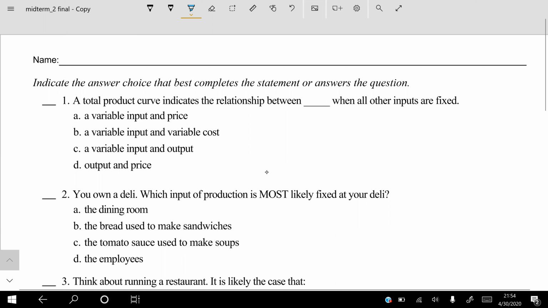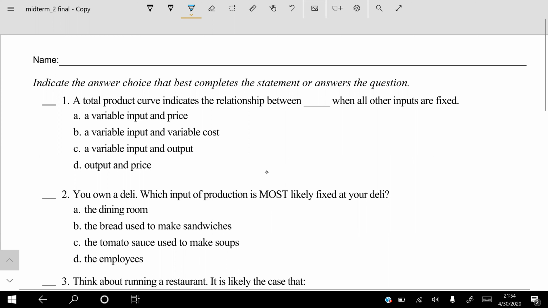The total production curve indicates the relationship between blank when all other inputs are fixed. Well, let's see. Is it a variable input and price, a variable input and variable cost, a variable input and output, or output and price?